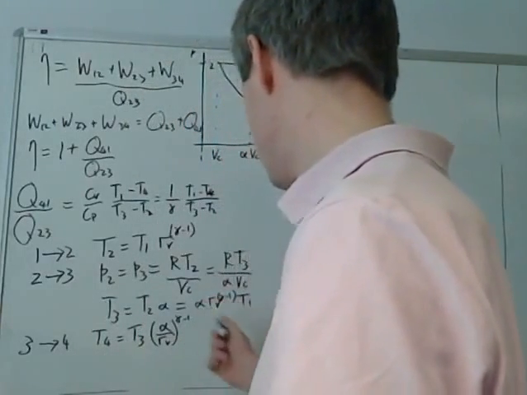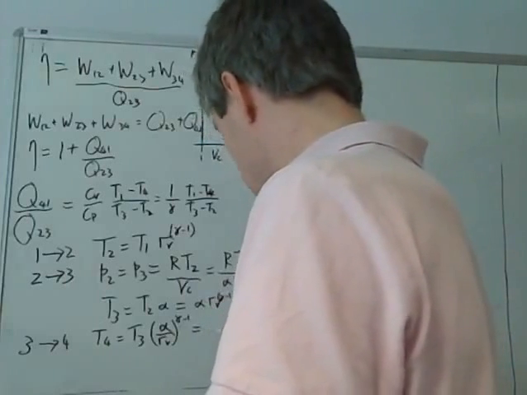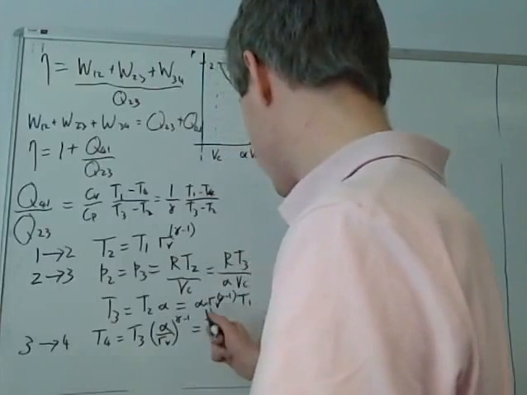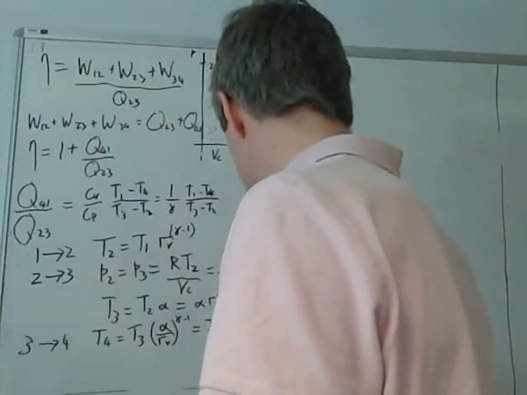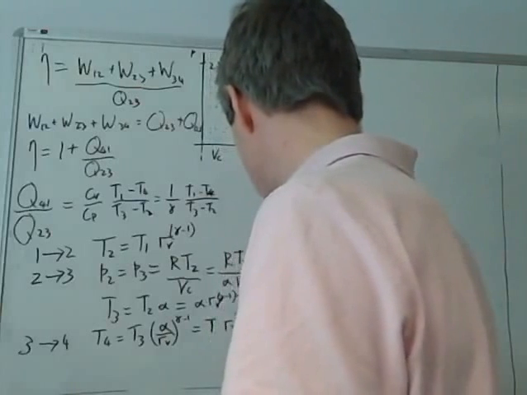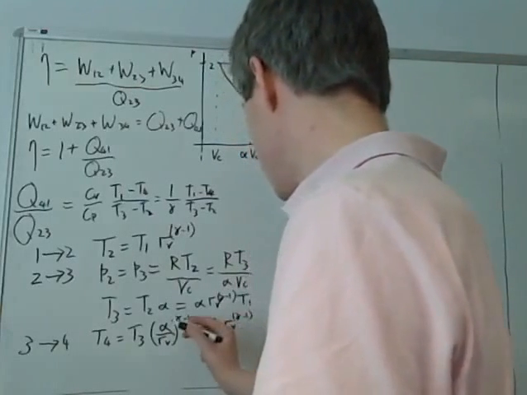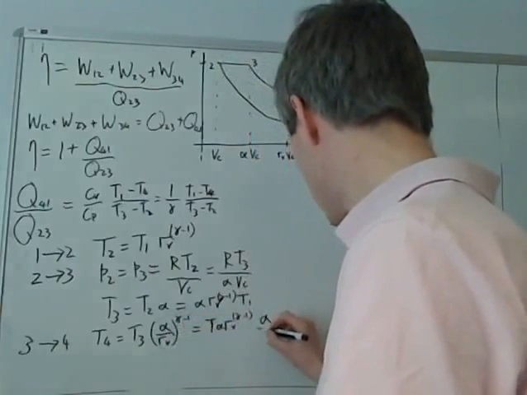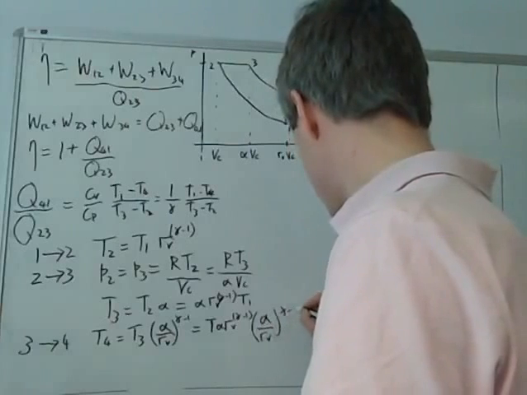And substituting in this value for T3, we find that T4 is equal to T1 times RV to the gamma minus 1 from here, times alpha, multiplied by this ratio, alpha over RV to the gamma minus 1.